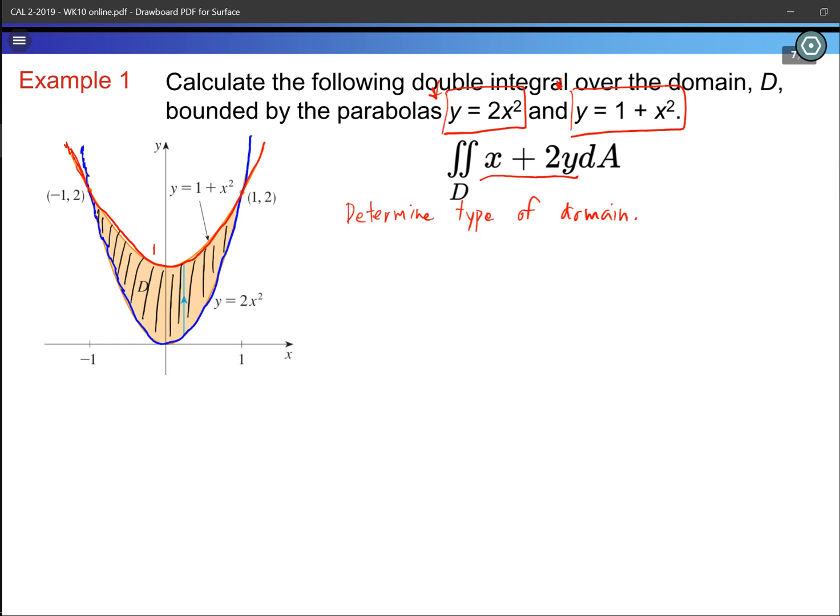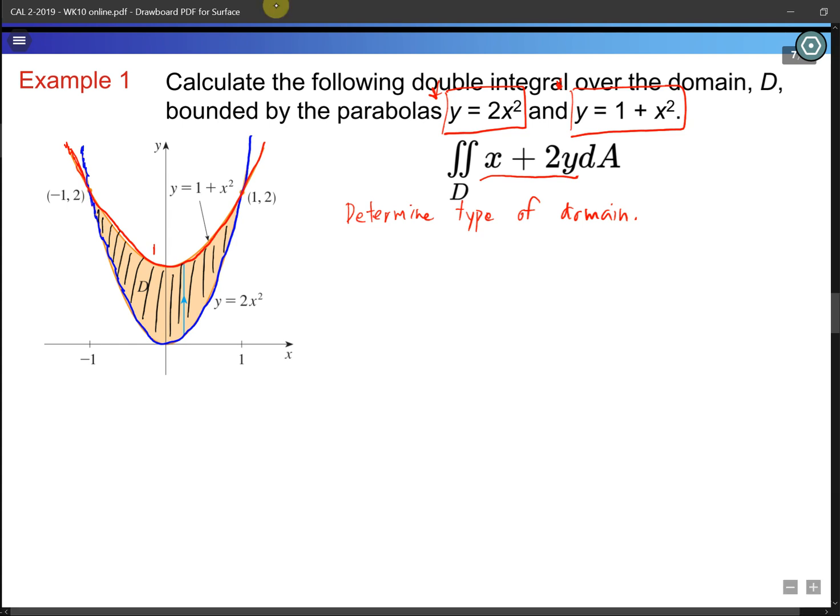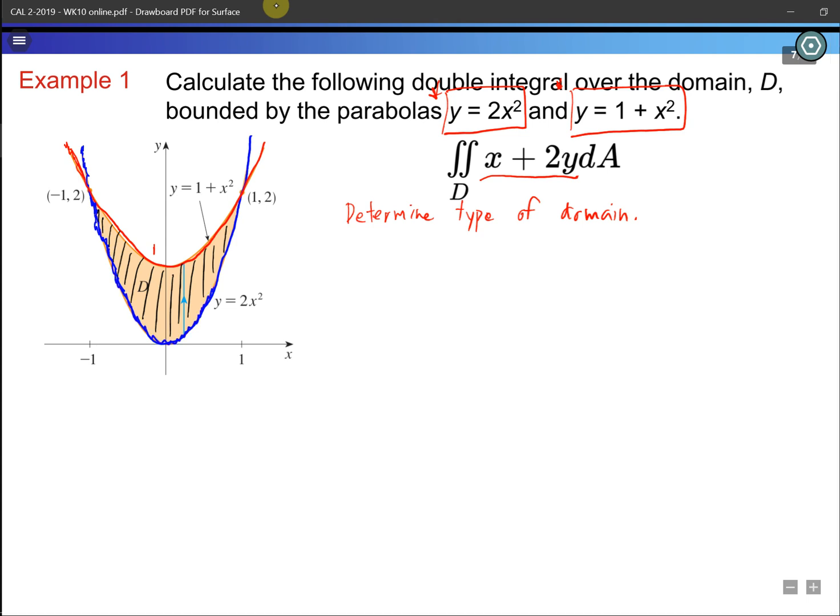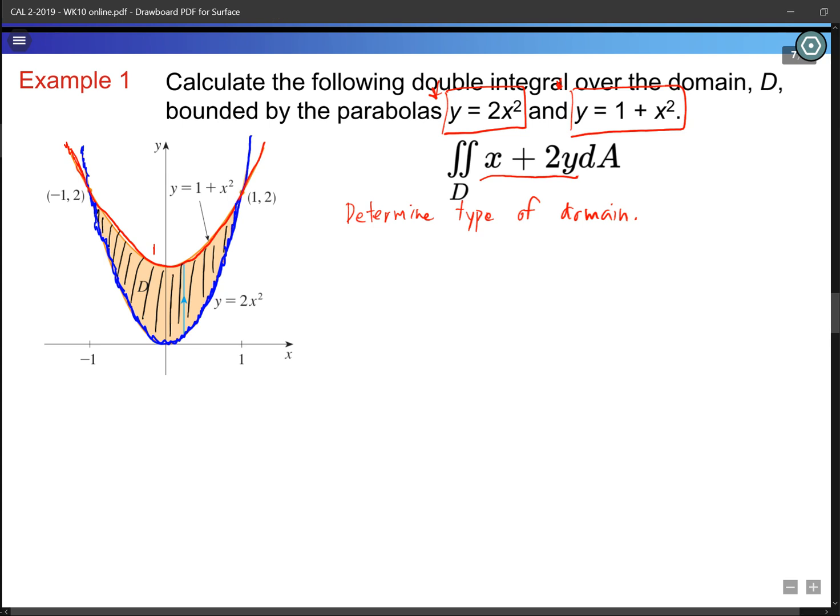So let's ask ourselves, when you see this, do you see a function from below and above, or do you see a function on the left and the right? Well, if you look at the same thing as I do right now, you are going to see that I have this function below here, down here, and then I have another function up here. So one from above, one from below.